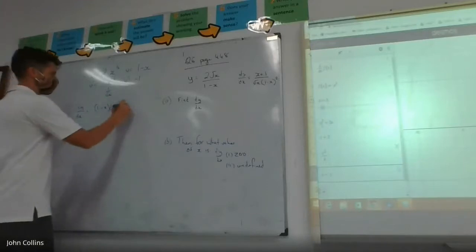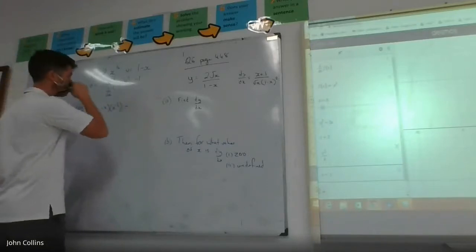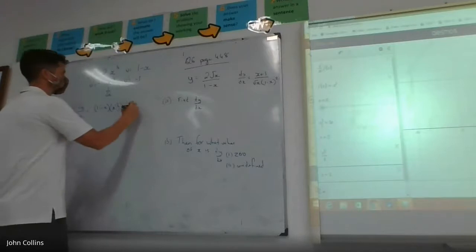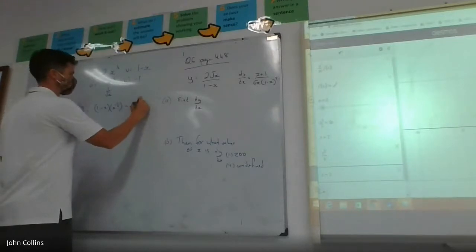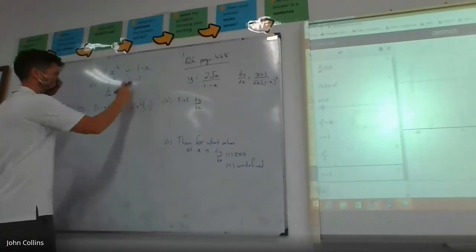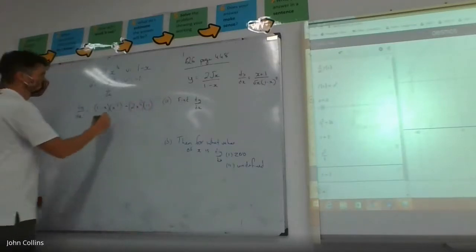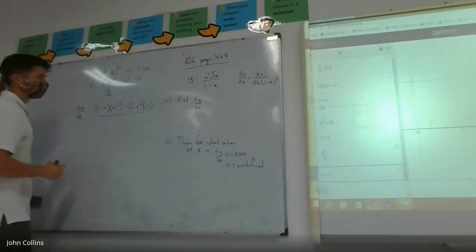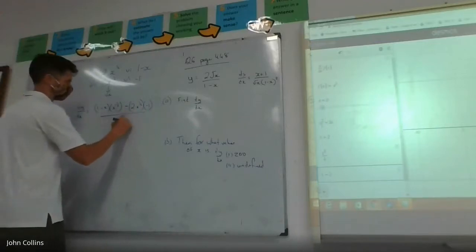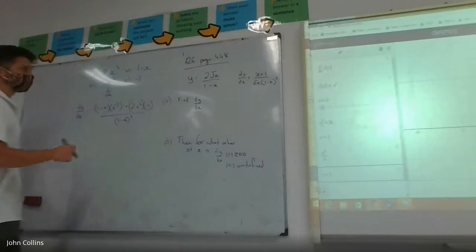And that's minus the derivative of u, so that's 2 to the x to the half times minus 1, all over 1 minus x squared. Well, that's okay, I got 1 minus x squared, that's lovely.